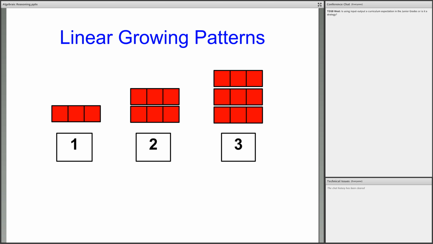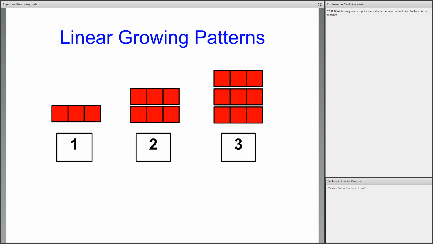So we start off with building some patterns, like this growing pattern. The really important relationship that we emphasize with this pattern is not so much the fact that it's going up by 3 each time, but the relationship between the position number and the number of tiles.